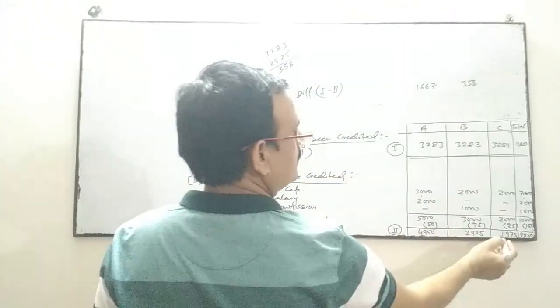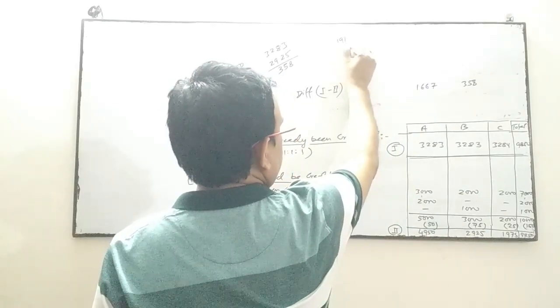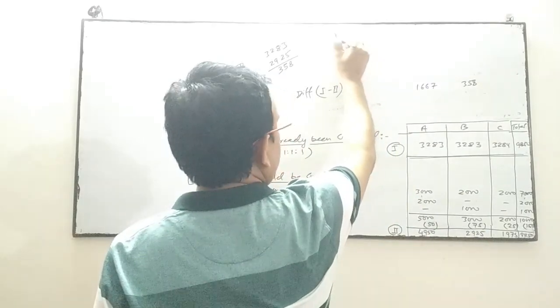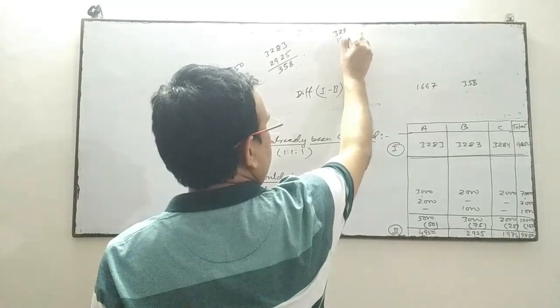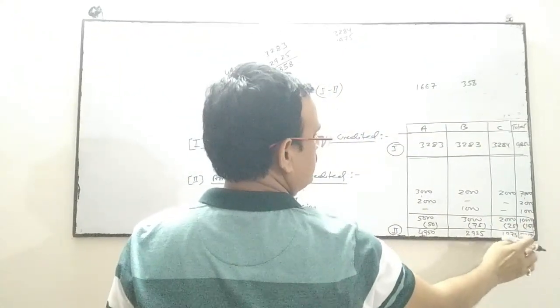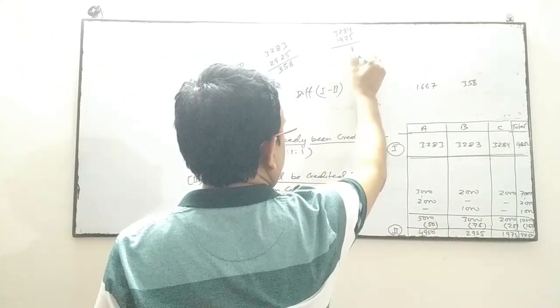Third one is 1,975 and 3,284. This amount and this amount I am going to compare.